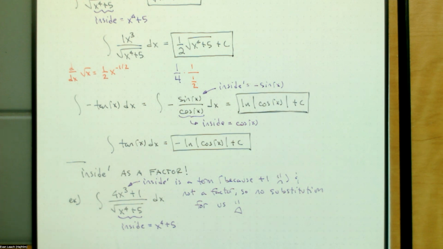Because of that plus 1, the 4x to the third is not included as a factor. It's included as a term. It's one of the terms of the numerator. So substitution is not going to be for us on this problem at this stage of the game.